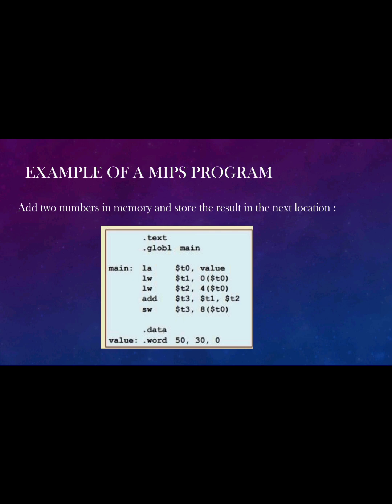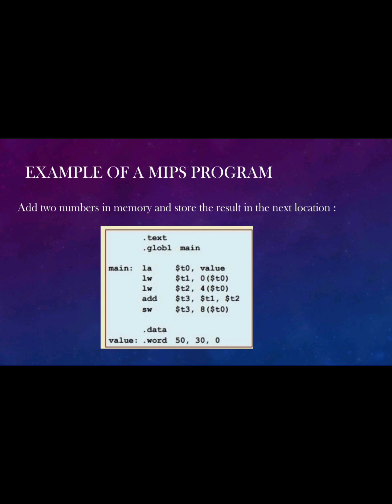Next, lw $t2, 4($t0). This instruction loads the second element of the value array into register $t2, and 4($t0) indicates that it loads the element at an offset of 4 bytes from the address in $t0.